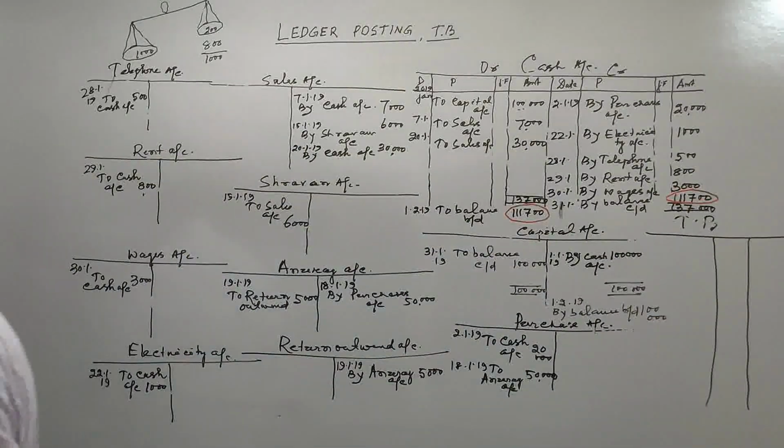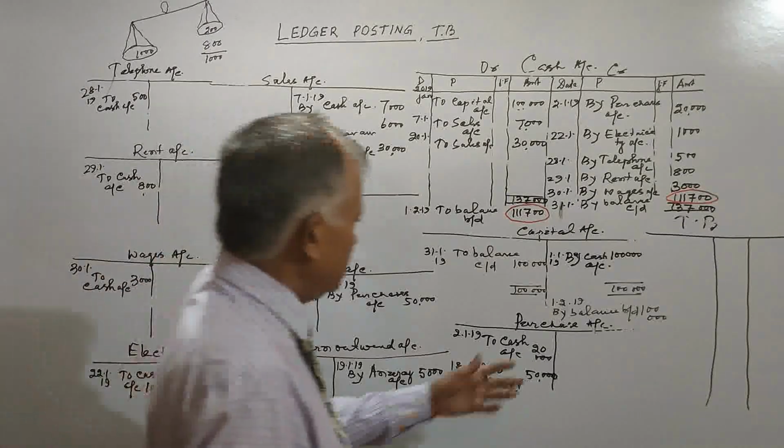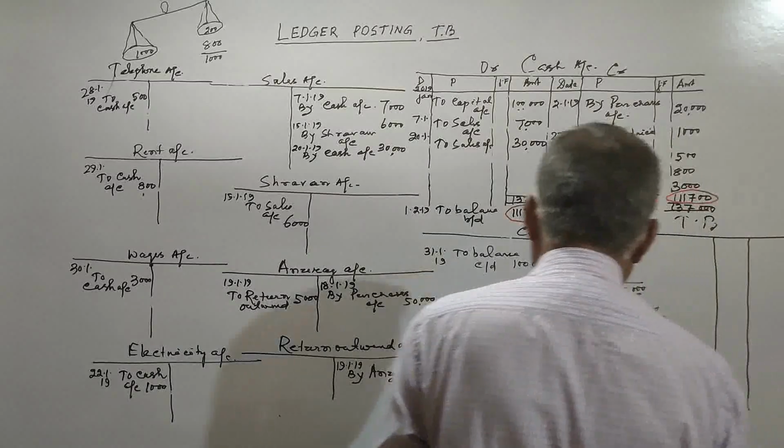By balance brought down 1 lakh, right? So by balance brought down is 1 lakh.